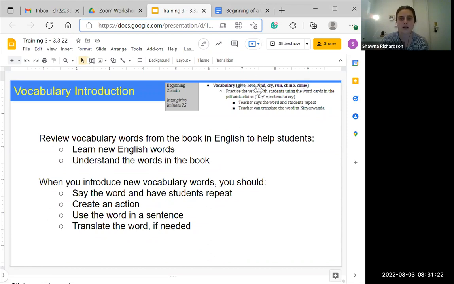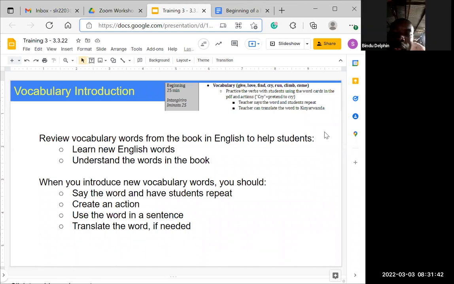Give, love, find, cry, run, climb, come. So there's other words. If love is confusing, you can skip it, or you can just explain it quickly to your students. Okay. But yeah, don't worry too much about the action.